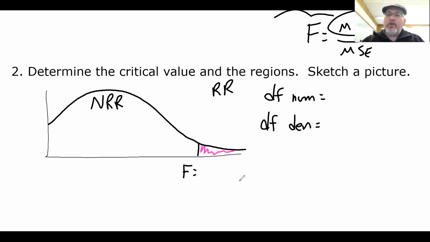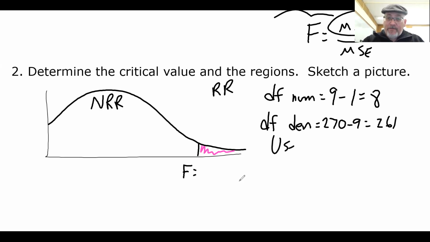Degrees of freedom for the numerator was the number of groups, 9 batting positions, minus 1, which is 8. And the degrees of freedom for the denominator is the grand sample size, which was 270, minus the number of groups, 9, so 261. Now, I did not give a significance level, so we're going to use a significance level.